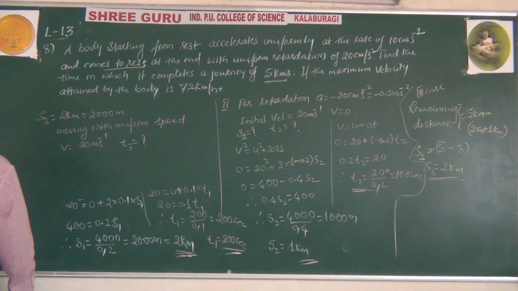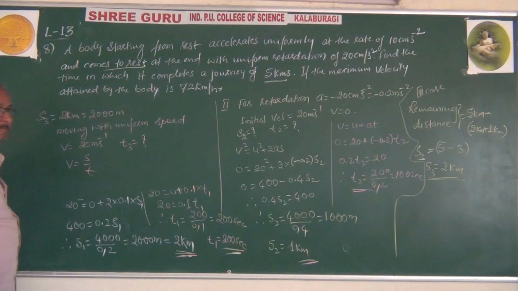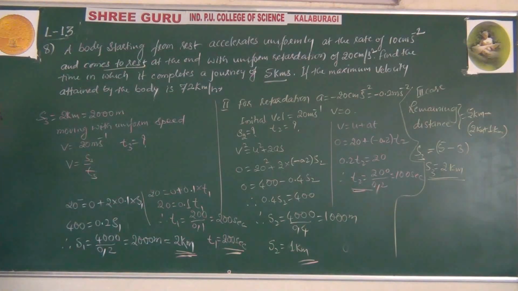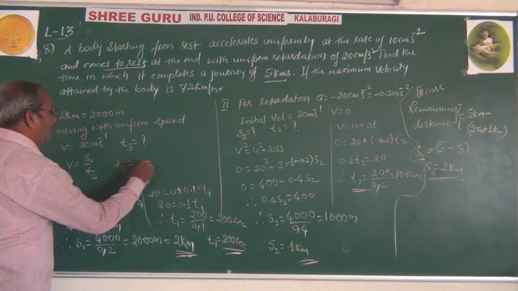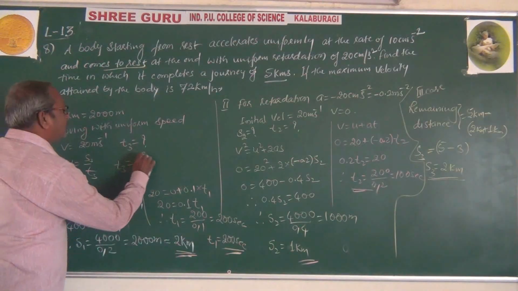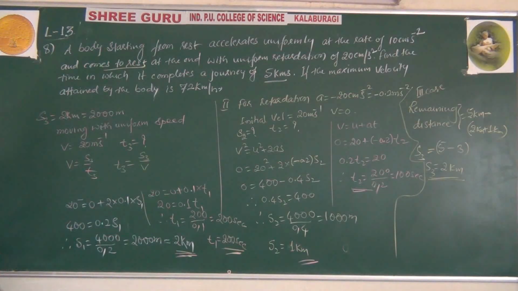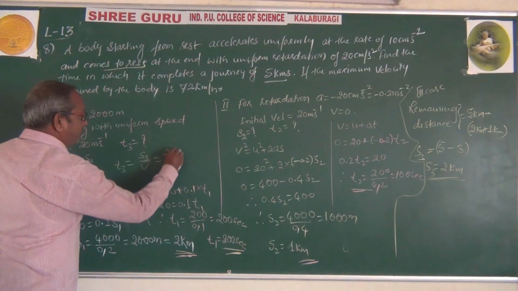In case of a uniform speed we have V equal to S divided by T. When uniform, what should we take? V equal to S divided by T, and this is S3, this is T3. So therefore T3 equal to S3 divided by V. S3 is how much here? 2000.